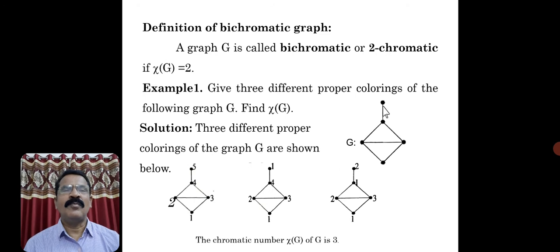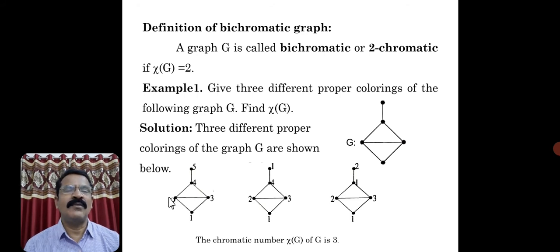In proper coloring, you can use any number of colors. We have colored the same graph in 3 different ways. The first coloring uses 5 colors. Say we have assigned 1 for this vertex, 2 for the other vertex. These 2 are adjacent, so I used 2, because I cannot use 1 for this vertex.